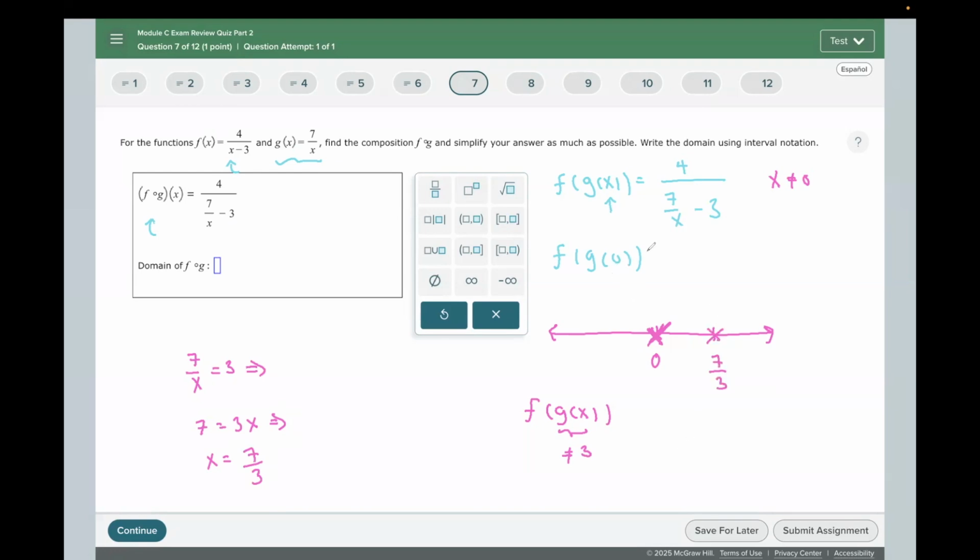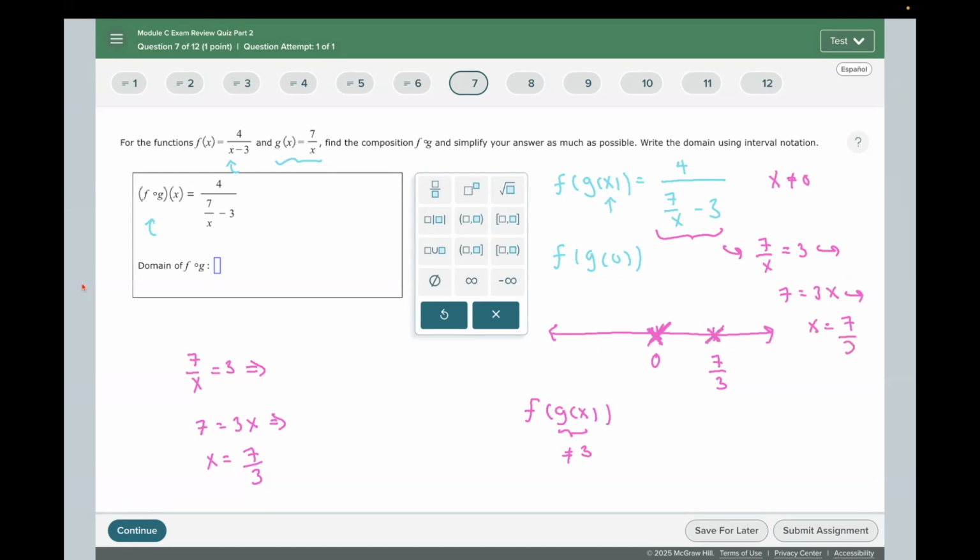And then the very last thing is, we'll notice in the composition here, if this is equal to 0, we're going to get basically the same thing. So notice if this is equal to 0, then 7 over x is equal to 3, which means that 7 is equal to 3x. So x is equal to 7 over 3. So we need to throw away these 2 points.